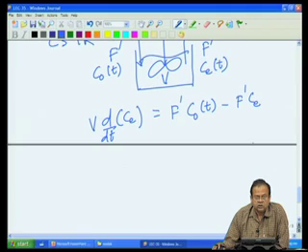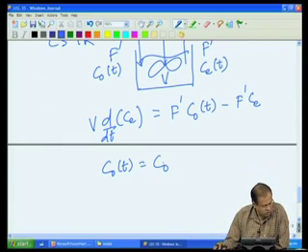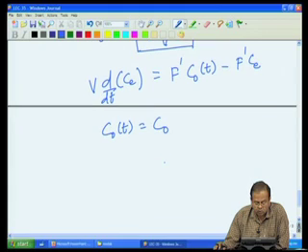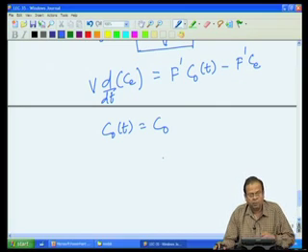Now, let us say that my experiment is such that I have done a step input. So, C_0(t) is some value C_0. Or let us say that we have done a pulse experiment.